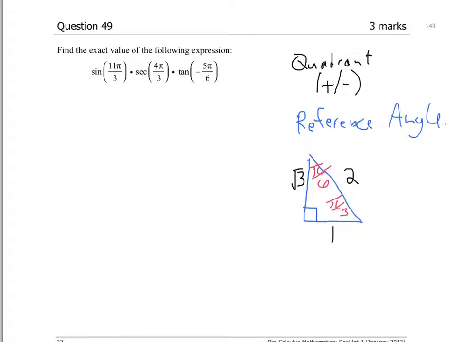So I'm going to go through each of the angles and determine which quadrant we're in. 11 pi over 3 is the first angle that we're staring at.